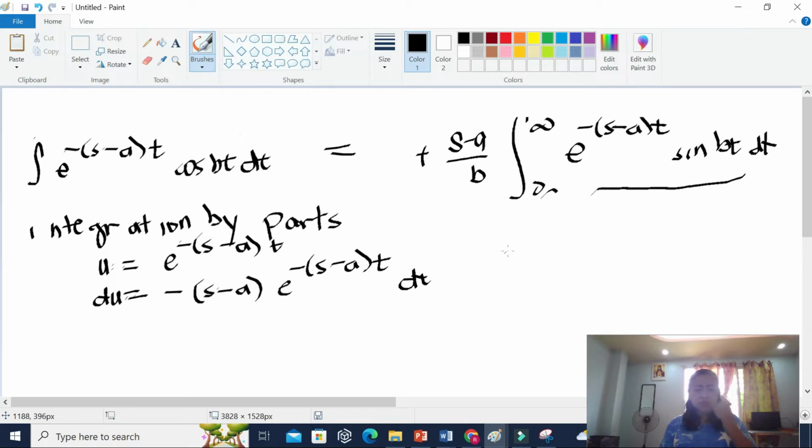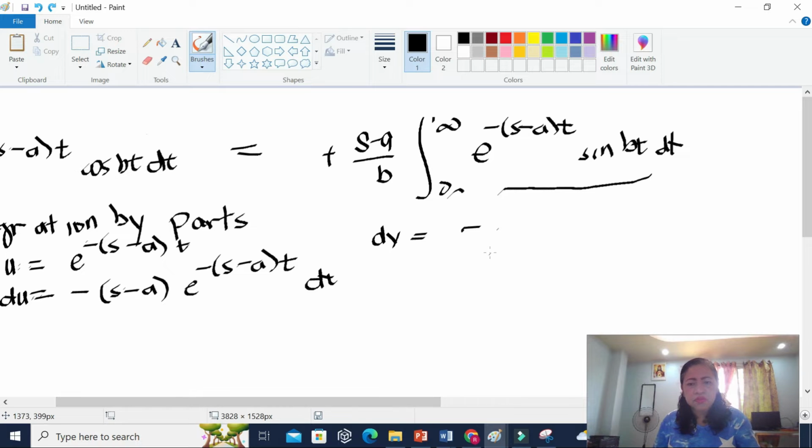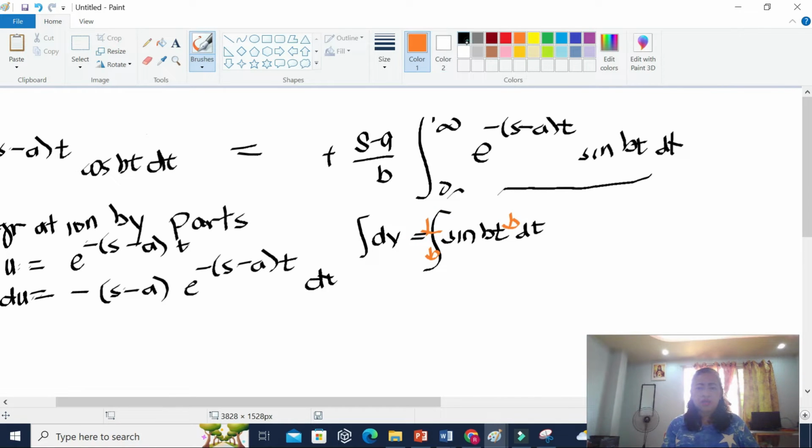Then, if I choose dv as itong part na to, that is sine of bt dt. Okay? And if I take the integral, again, this lacks b, so you have to introduce 1 over b. Okay, no? So therefore, v will now be equal to negative cosine of bt divided by b. Okay, no?